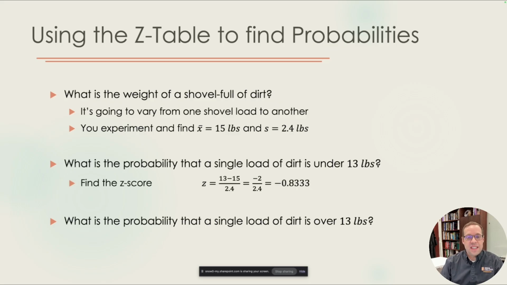We do that by taking the value 13 minus the mean 15, which gives us negative 2, and then dividing that by the standard deviation of 2.4. That gives us negative 0.83333 repeating. Okay, let's go to the z-table and find that out.